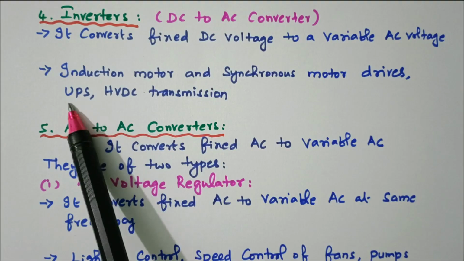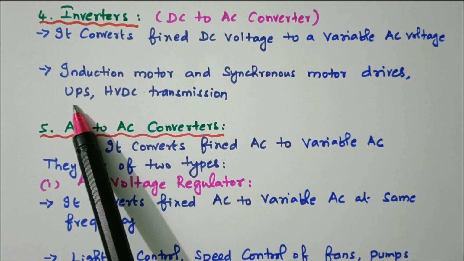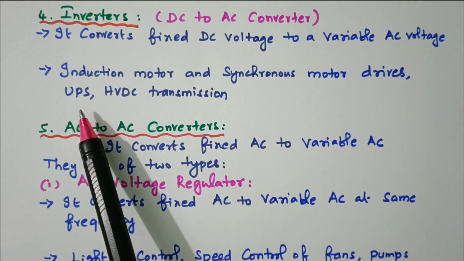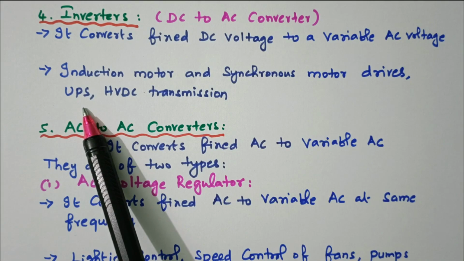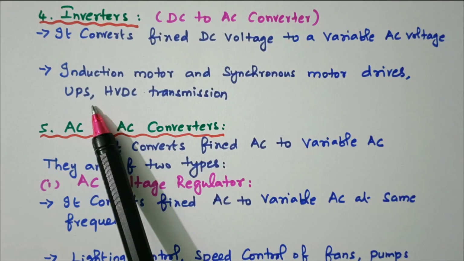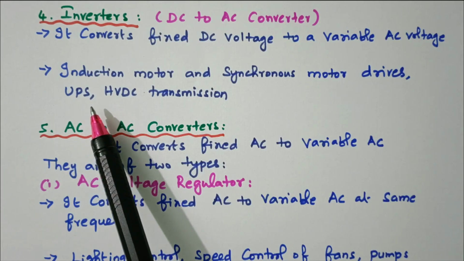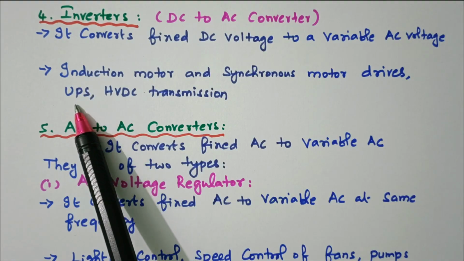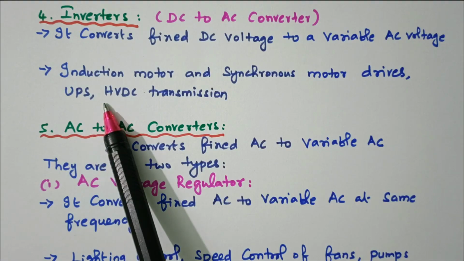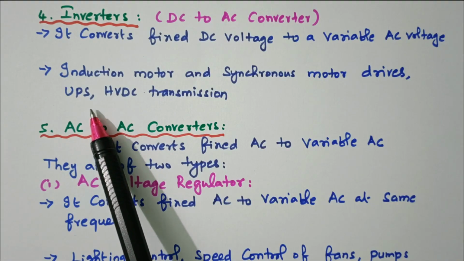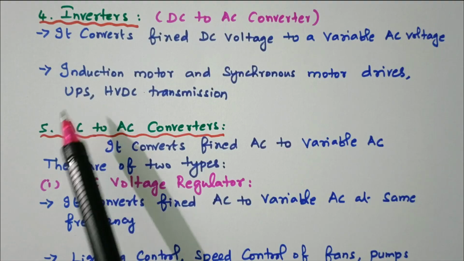In UPS also. While using the UPS in the computer system or in domestic application, what we are doing: the available AC supply, in India we are getting AC supply at the consumer end. A UPS system has a converter, inverter and battery system. When the supply is available, AC is converted into DC, that is stored in the battery in the UPS system.